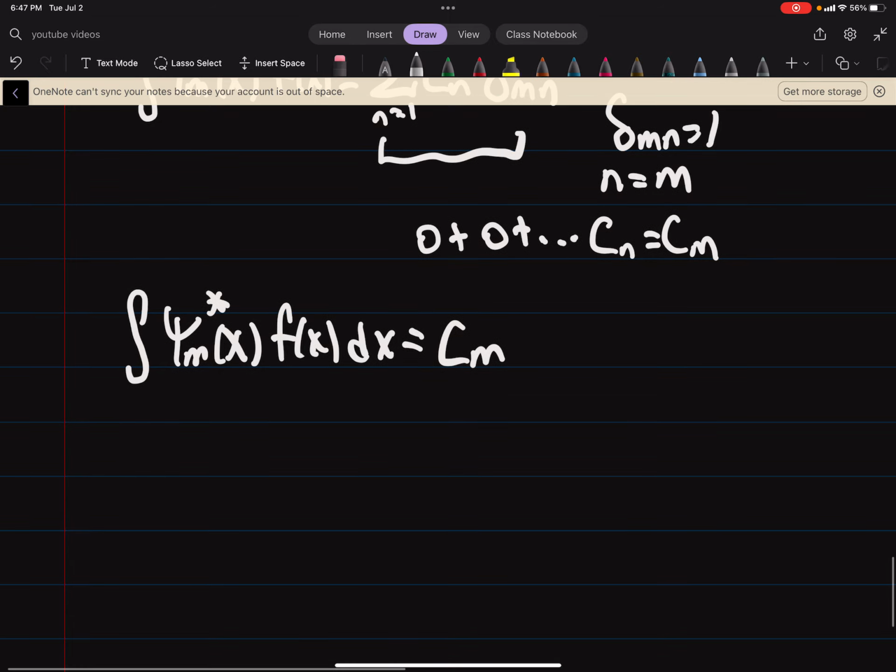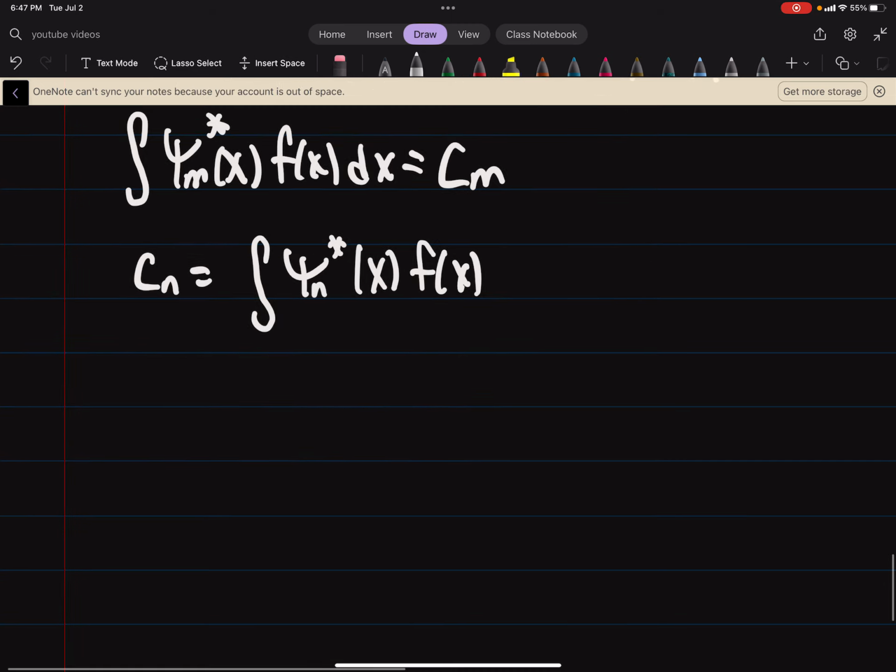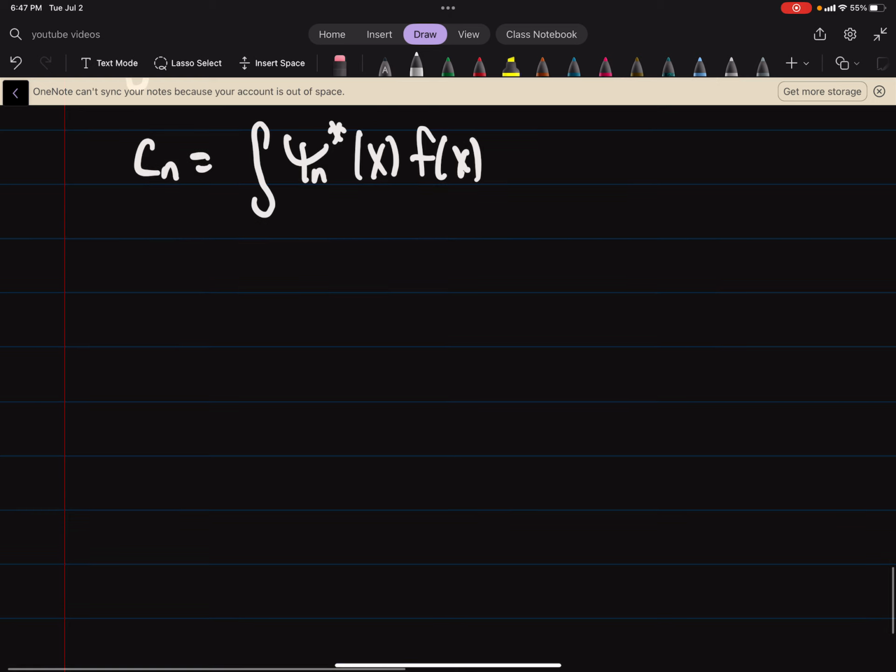So any constant, call it c sub n, any one of our weighted constants can be expressed this way. Awesome. Now, we're going to work towards why we actually did this. It's not just a cool math property, it's going to be useful for us.